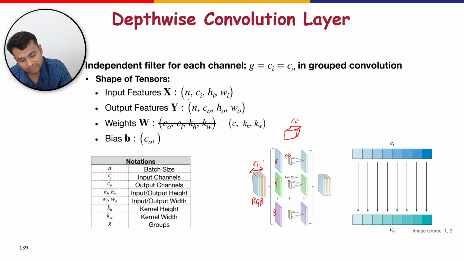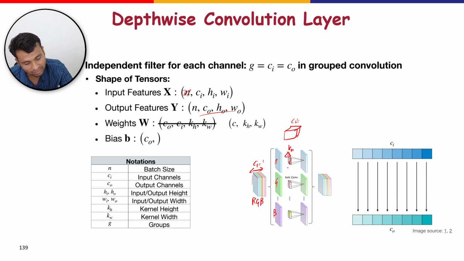So how do we represent this? The input features nonetheless remain the same, Ci, Hi, Wi, and N represents the total number of inputs, the batch size, and the output we are looking at in the same way, that is also remaining the same. We have the choice of that. But how the weights are constructed will change entirely. Here they will have only one dimension, kh, kw.